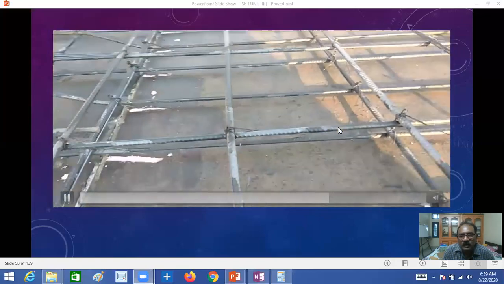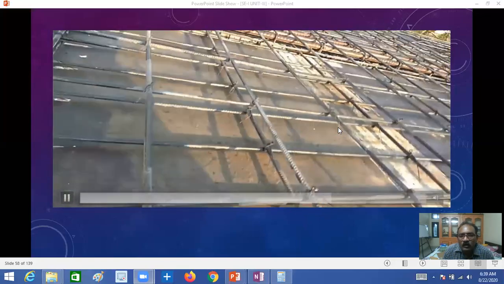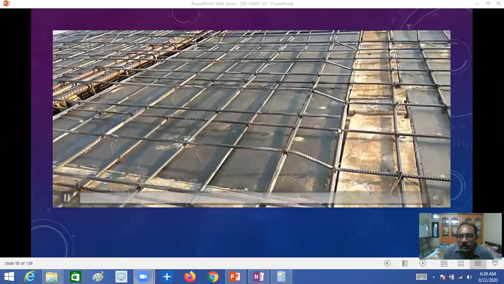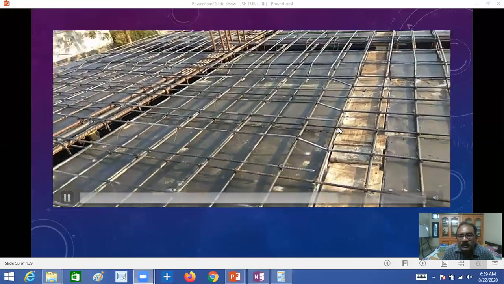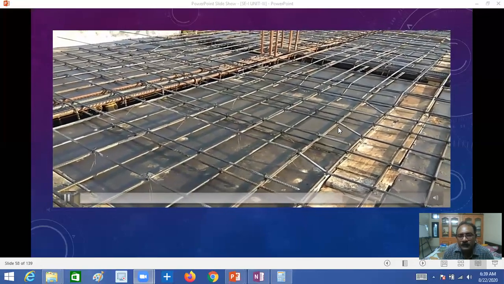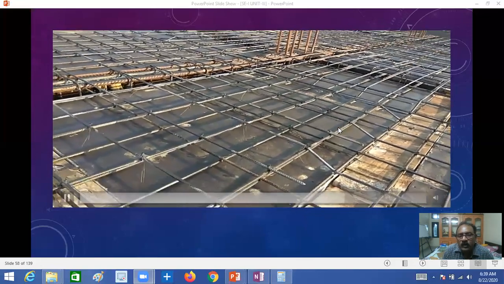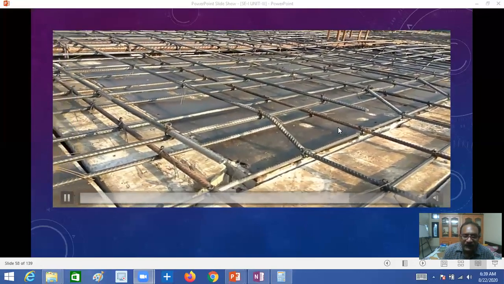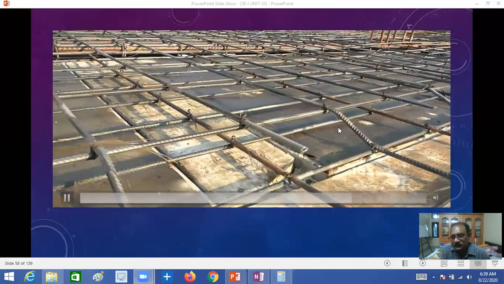At the bottom we will have shorter span side reinforcement and above that longer span side reinforcement, and alternately bent up at 0.25 L from the support, where L is the effective span length.